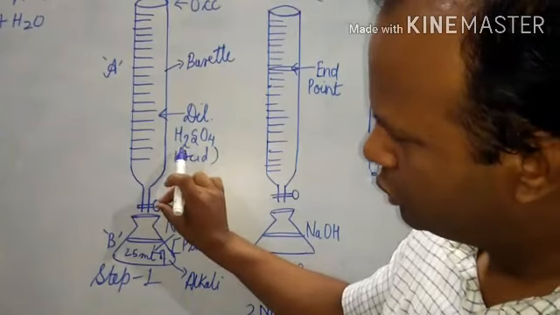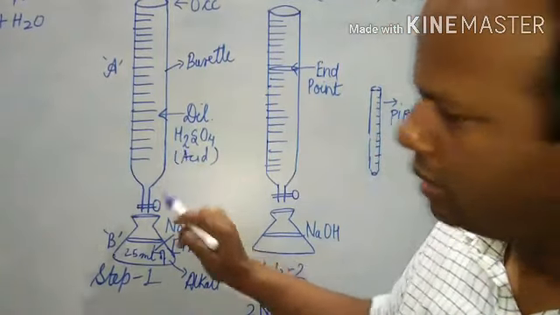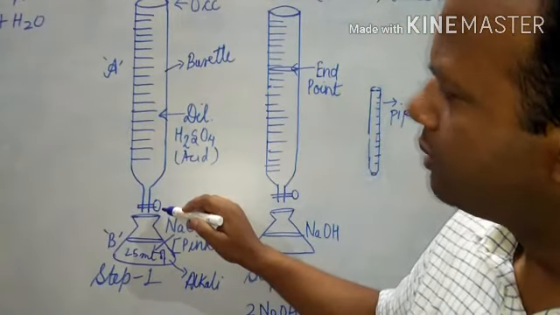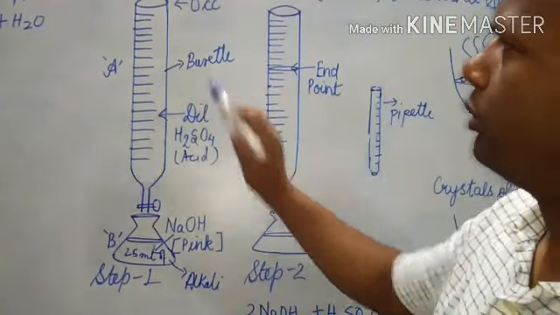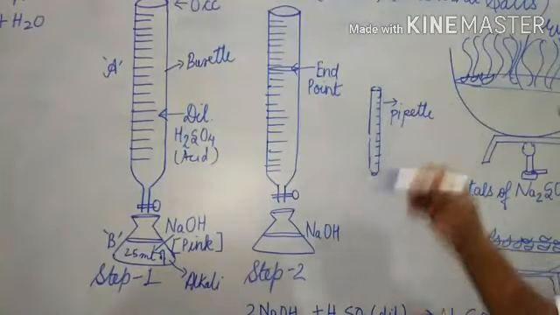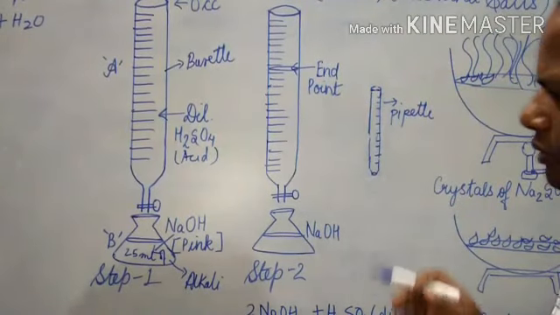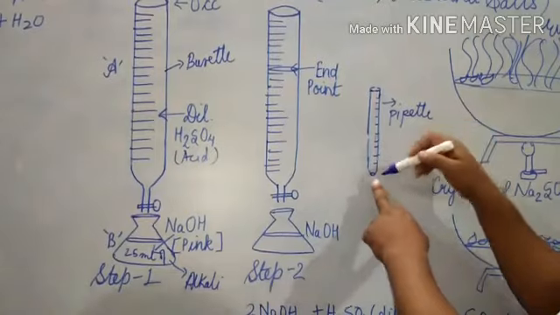Then we have a glass cork here at the end, right? And this is called a burette. Then we have a pipette. The pipette is also a cylindrical, thin one. It has an opening from both ends.